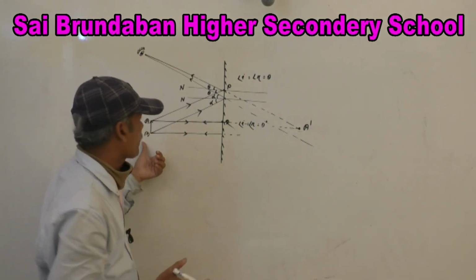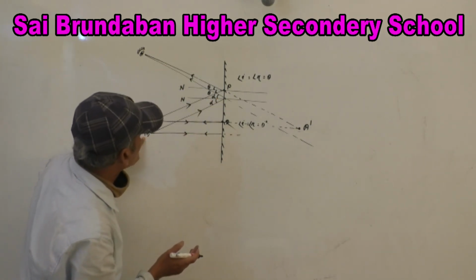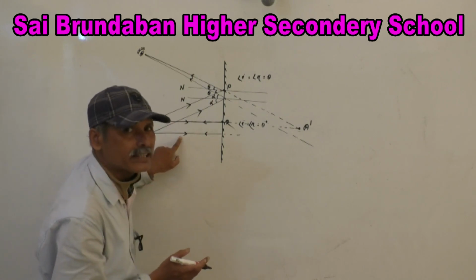So now, for point B, this is one incident ray and this is another incident ray.